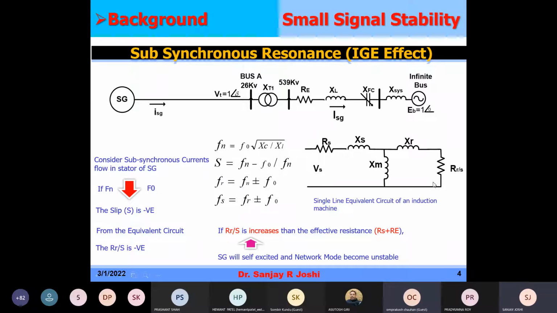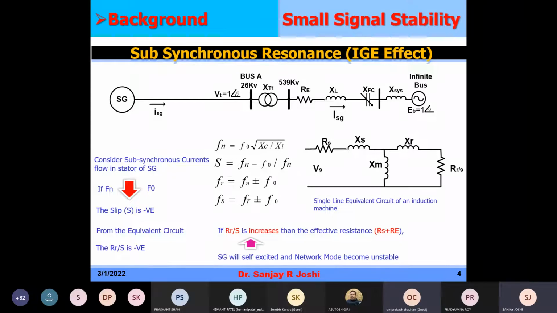Okay, so centrally I have placed some equations where the natural frequency of oscillation expression is there, which is fn equals f0, that is the normal frequency, multiplied by square root of Xc by XL, where Xc is the capacitive reactance of the series capacitor and XL is the total reactance of the line, transformer, generator, etc. Normally, the fraction Xc by XL is less than 1.